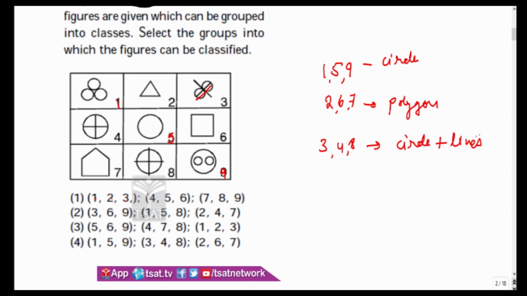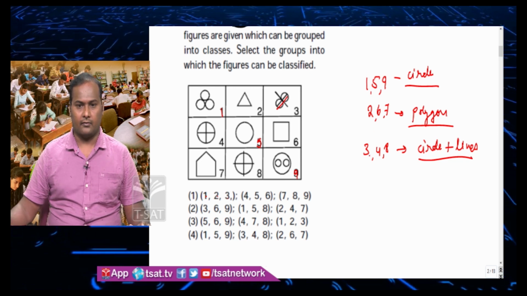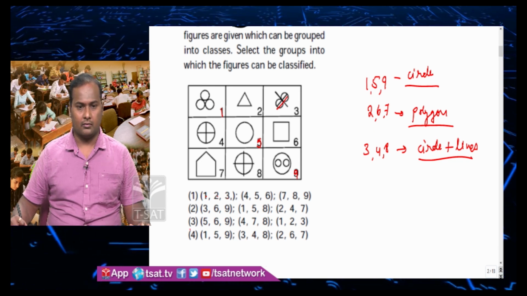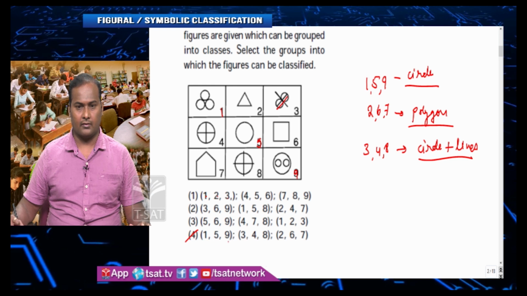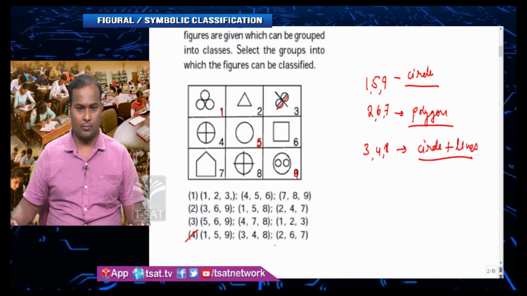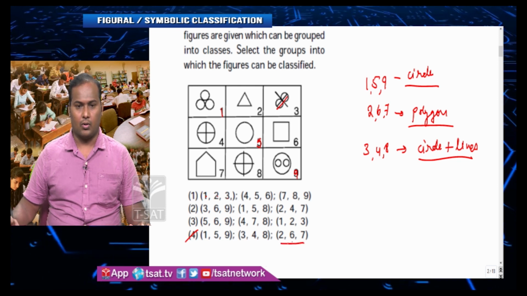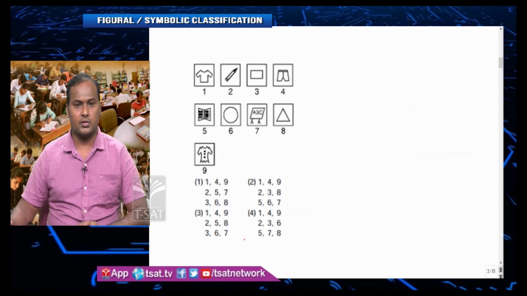The student needs to recognize whether circles are given, or polygons, or circles and lines both. Based upon this, option 4 is the answer. 1, 5, 9 are circles, 3, 4, 8 are both circle and lines, 2, 6, 7 are polygons.